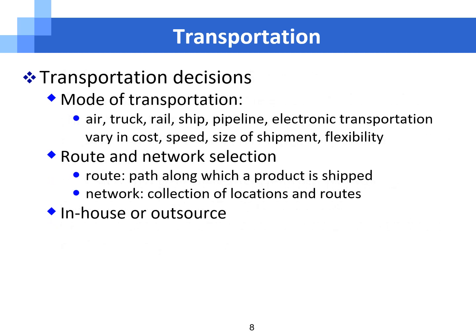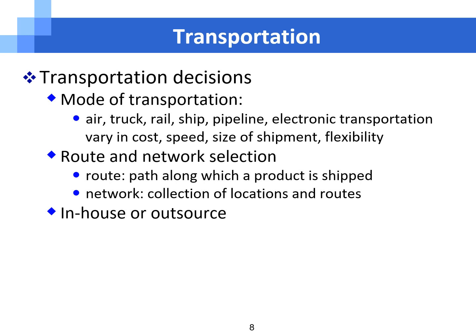The decisions related to transportation that companies must consider are, first, the choice of transportation mode. The mode of transportation is the manner in which a product is moved from one location in the supply chain network to another. Companies can choose between air, truck, rail, sea, and pipeline as modes of transportation for products.